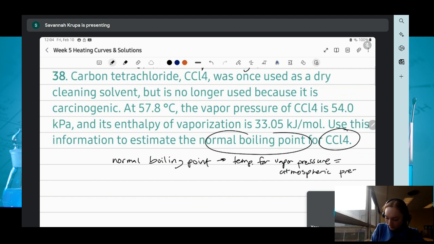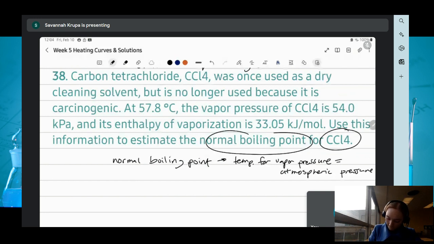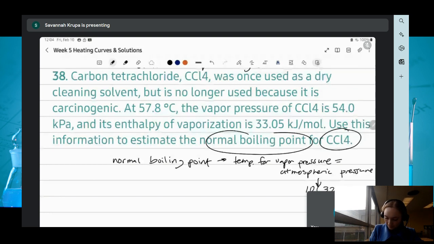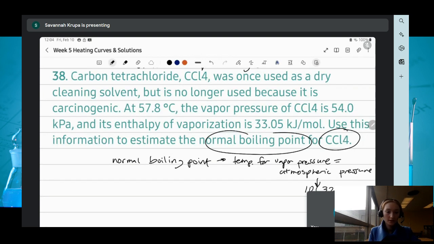So this will be a value that we are pulling that will match the atmospheric pressure, and the atmospheric pressure in kilopascals, since it uses that unit, is going to be 101.325 kilopascals.